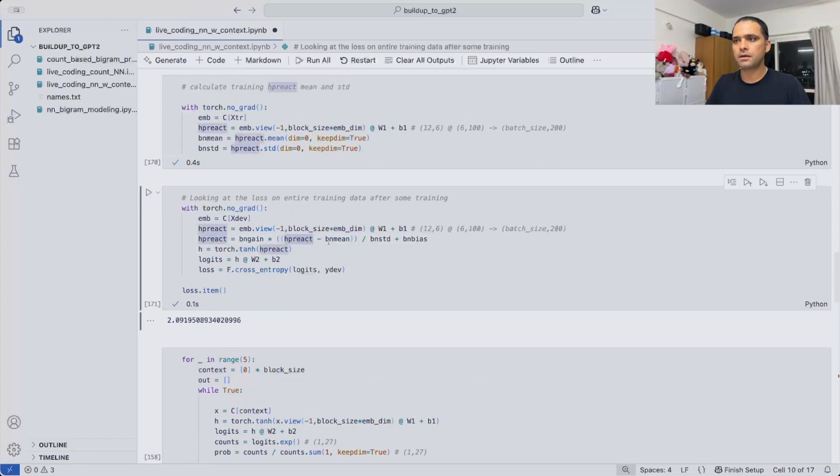So this would now be the correct way to do it. We are not calculating the batch normalization mean and standard deviation for the dev set, but we are calibrating it from the training set and then using it in the dev set or test set.